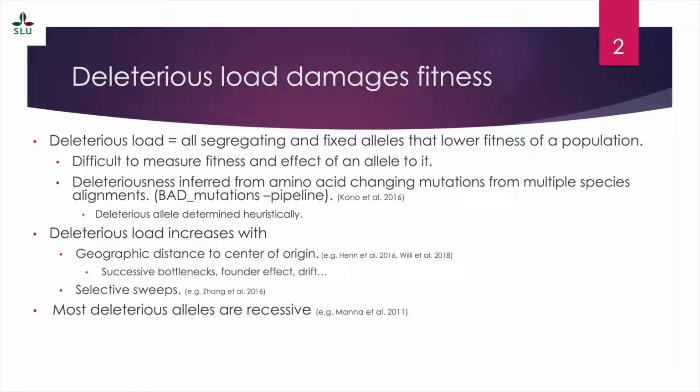Deleterious load has also been found to increase with selective sweeps, in both the selective sweep window and the immediate surroundings. Most deleterious alleles are also recessive, which means that they need to be in homozygous form to have a negative effect on an individual.